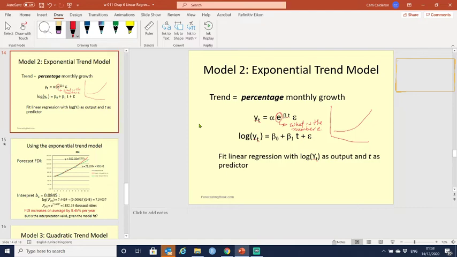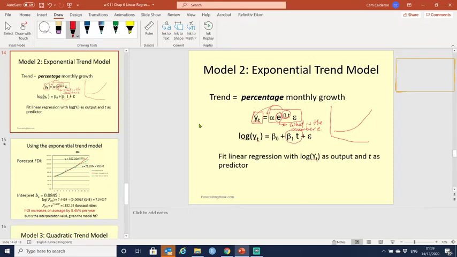So in order to take this bt down to the numerator, we can apply logarithms to both sides of this equation. If we apply logarithms to both sides, we are going to have that the logarithm of yt equals b0 plus b1t plus the error. So that is what we are going to get.